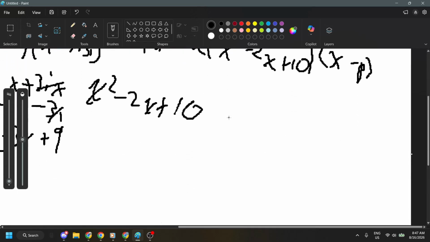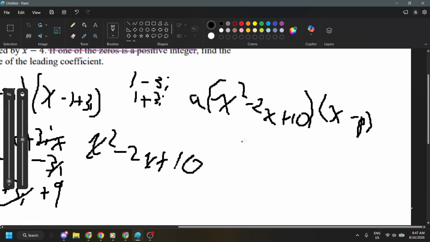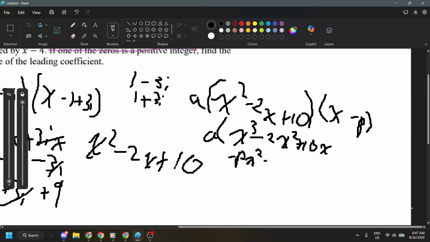Do we need to expand this? So we get a times x cubed minus 2x squared plus 10x minus px squared minus 2xp plus 10p.